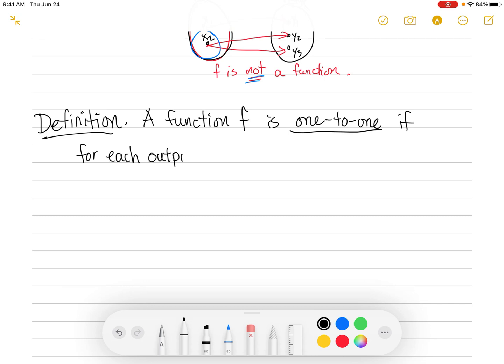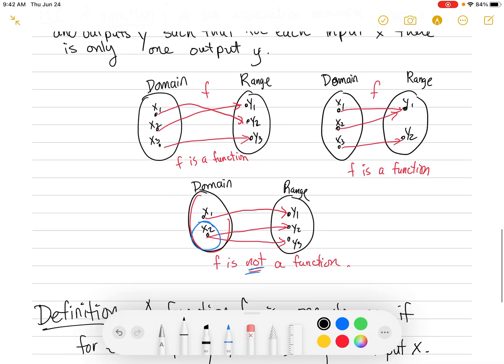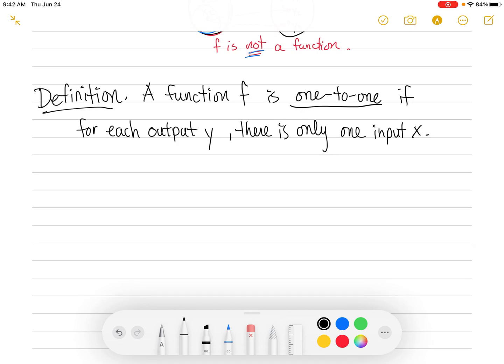So it has to be a function number one, but it's a one-to-one function if the following happens: for each output, y, there is only one input, x. So to be a function, every input had to have only one output. But to be a one-to-one function, you additionally have to have that every output has only one input.